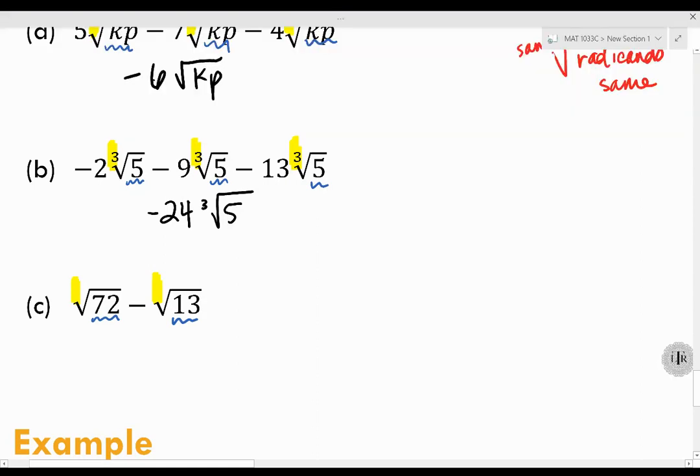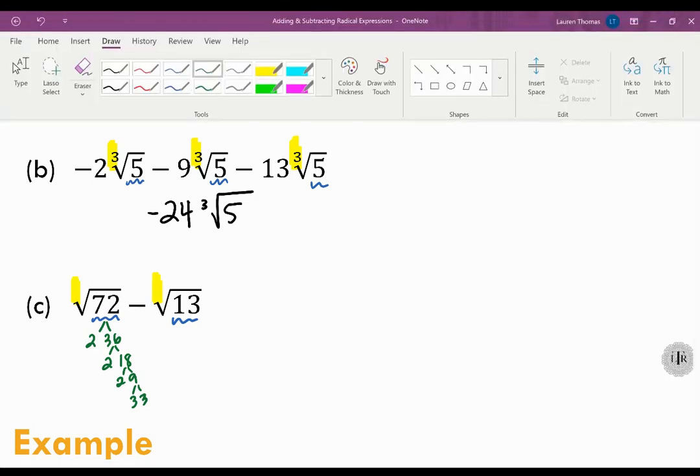Let's break down 72 into primes. 72 is the same thing as 2 times 36. 36 is the same thing as 2 times 18, 2 times 9, 3 times 3. Because the index on this radical was a 2, in order for these numbers to come out, they have to come out in pairs.